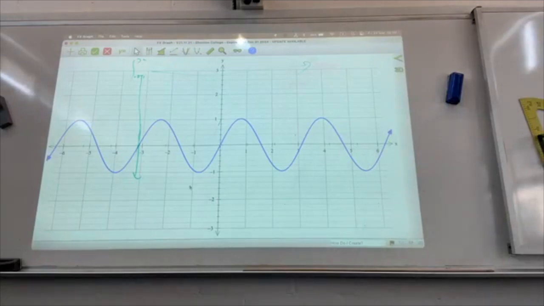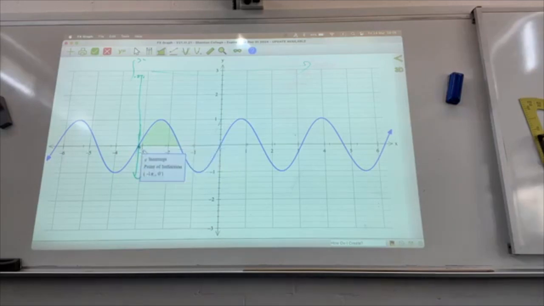Here, if I start from 2 pi, if I want to show you the area, just pay attention to the area. If I go from minus pi, that will give you the area of 1, for example. We're going from 2 pi onwards.